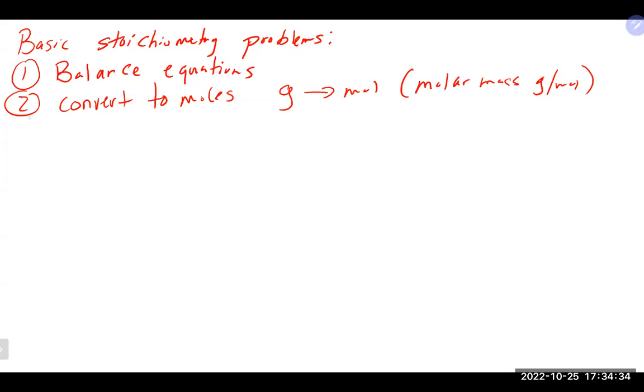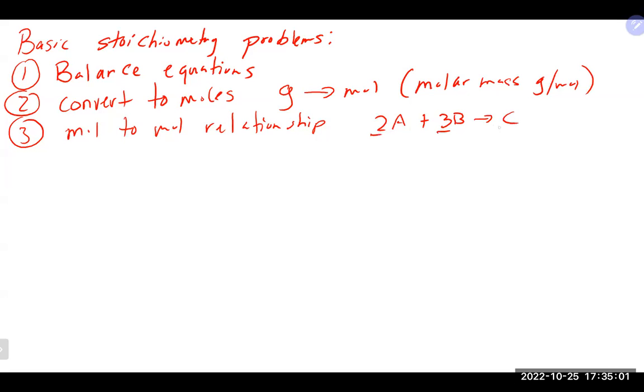The next step is really the stoichiometry part of the calculation, and it is going to that balanced equation and finding the mole to mole relationship. Remember that really it's just the coefficients from the balanced equation. So if you had 2A plus 3B gives you C, it is just these numbers in front, so we can find a bunch of different relationships from it.